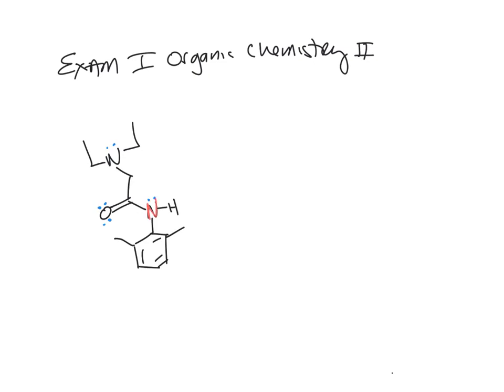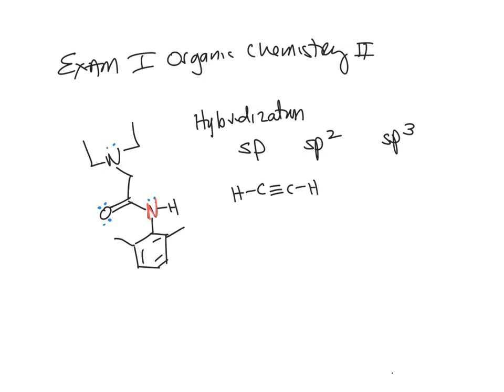Now, to do hybridization shape, you're going to have either sp, sp2, or sp3 in organic chemistry. An example of an sp would be a linear carbon. You see how carbon is bonded to 2 things.